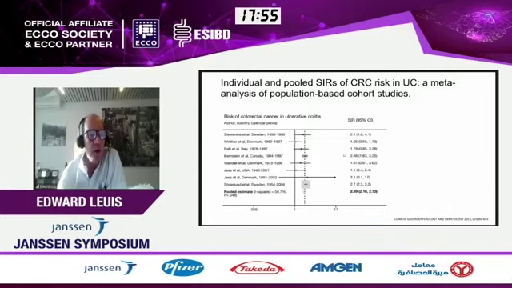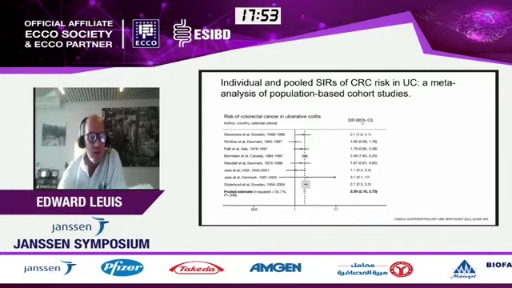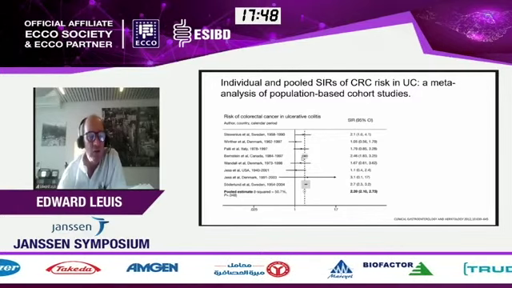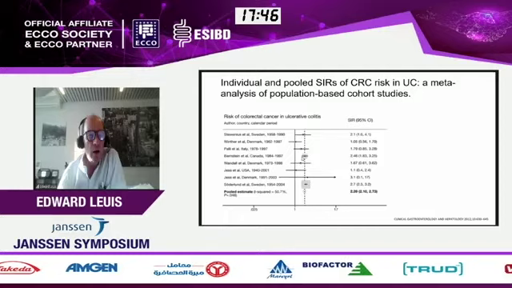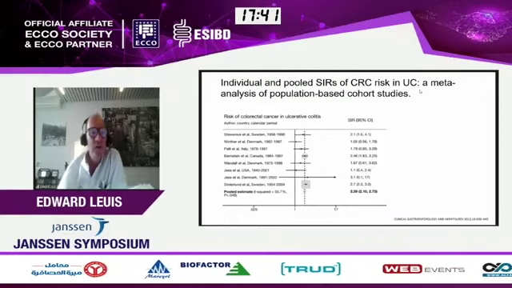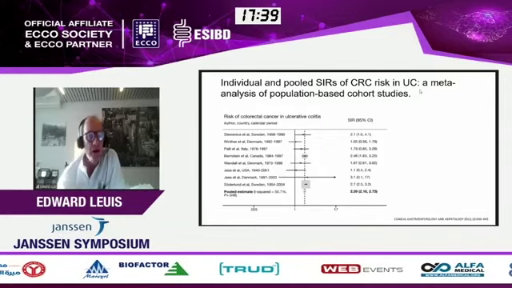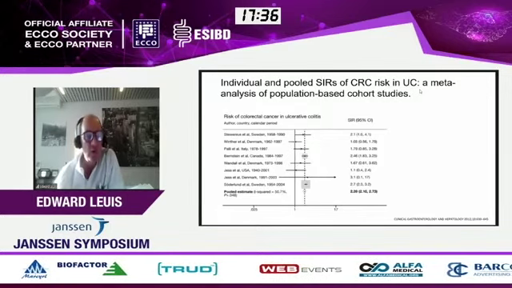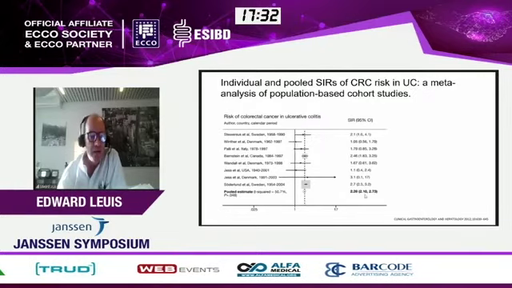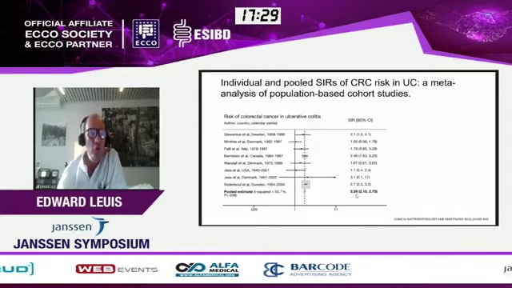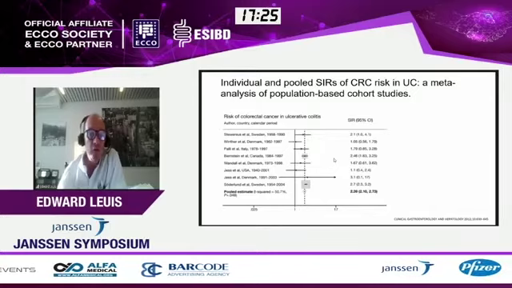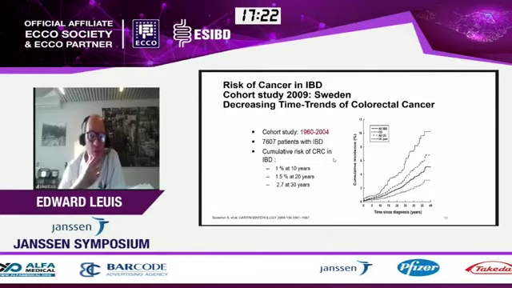And you very well know that this cancer risk exists in these UC patients, and you see here meta-analyses. These meta-analyses indicate that there is an increased risk of colorectal cancer in ulcerative colitis patients, and this relative risk is between 2 and 3, highlighting this real risk, which is associated with ongoing histological inflammation.